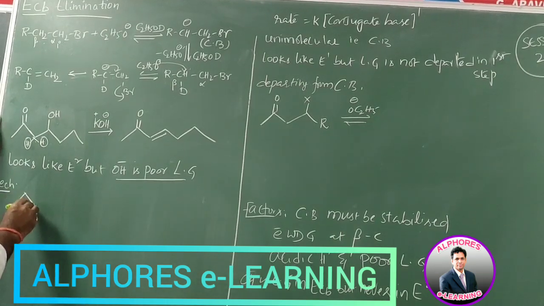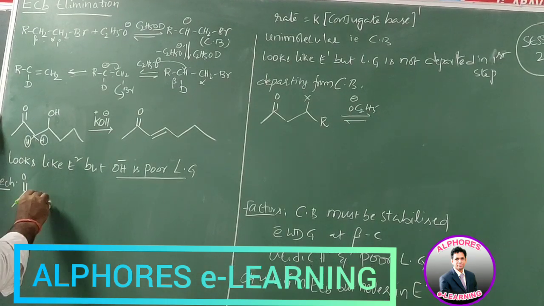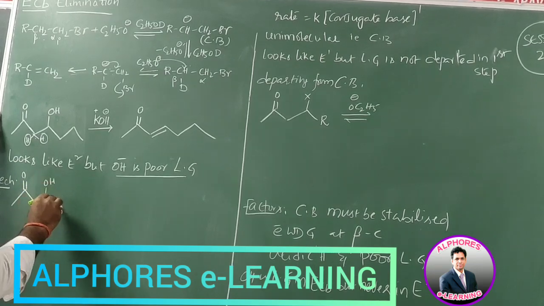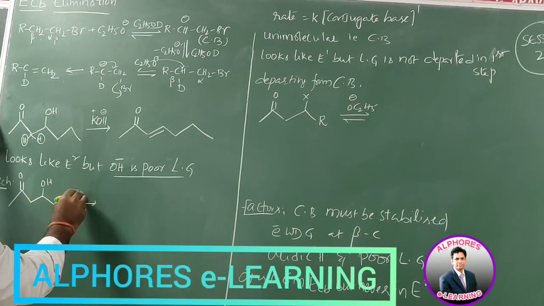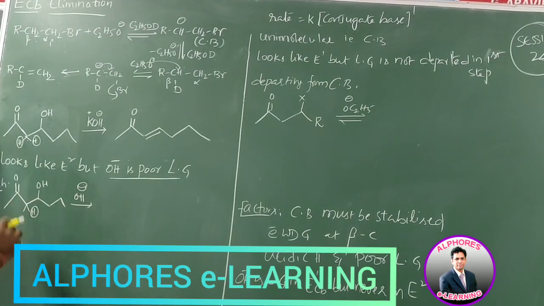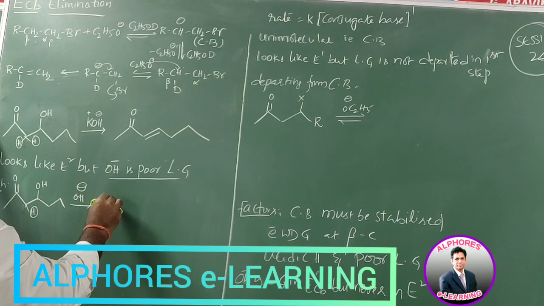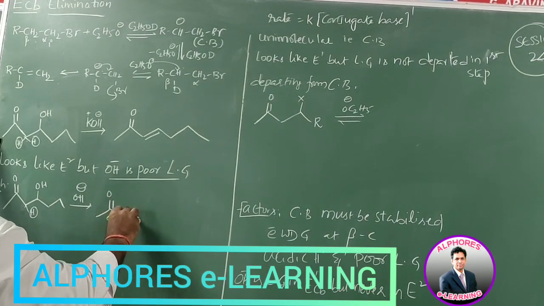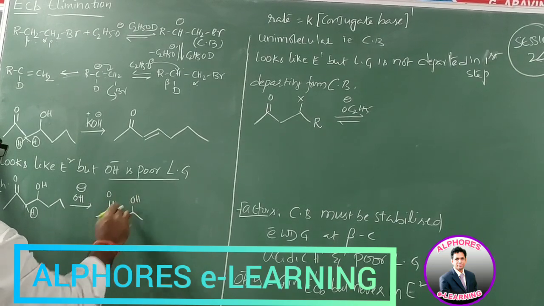Have a look here, what happened here? C double bond O, OH. This one, upon treatment with OH minus, this OH minus abstracts proton from here and leaves carbanion. So you only mentioned that, sir, how can we say, is it stable?